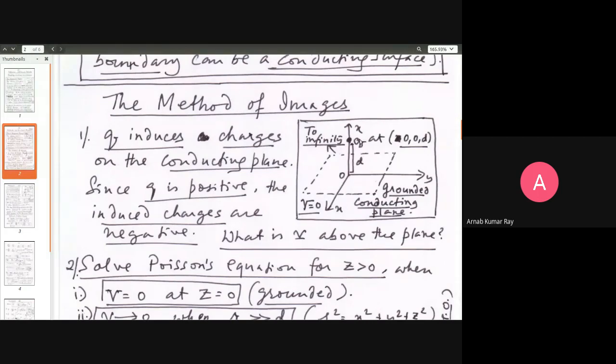If this Q were not there, all the charges would have uniformly blended with one another, and you would have had a homogeneous distribution of charges and no electric field above, because all the positives and the negatives would have cancelled one another out. But here, that is not what will happen.